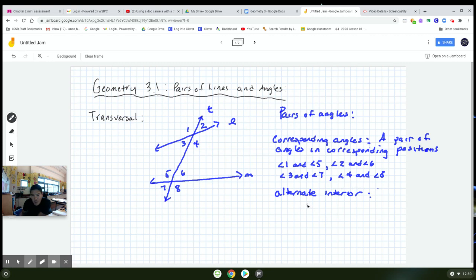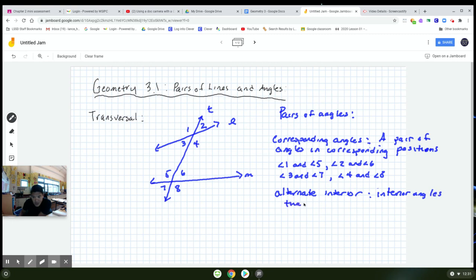Okay. Another pair of angles in the diagram. We talked about the interior angles 3, 4, 5, and 6. Now we'll define a pair of angles, alternate interior angles. They have to be interior angles. So you can't have angles 1, 2, 7, or 8 be alternate interior angles, but interior angles that are non-adjacent.